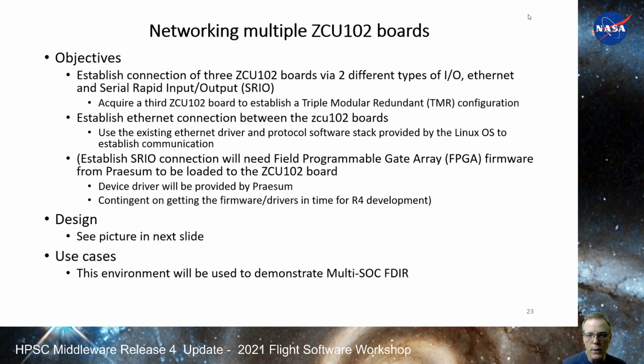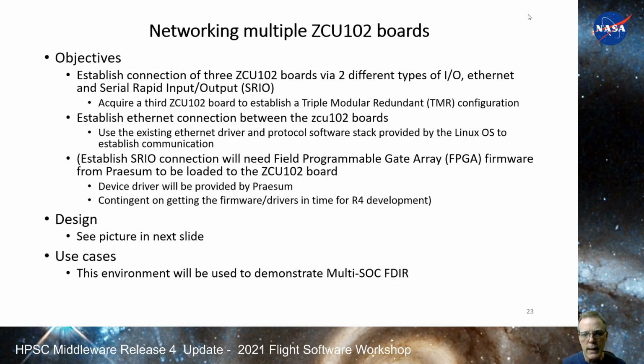Finally, let me show you our Middleware Release 4 hardware environment. We have implemented the Multi-SOC hardware environment shown a few slides back. We use 3 Xilinx ZCU102 boards with independent Ethernet connections between them to represent the high-performance SOC nodes. The host computer is representing the reliable output voter.